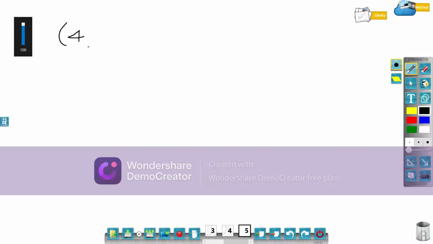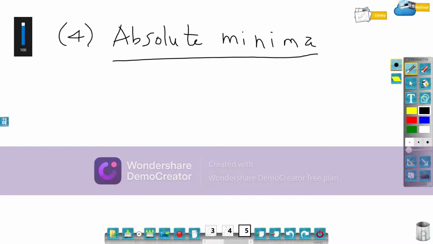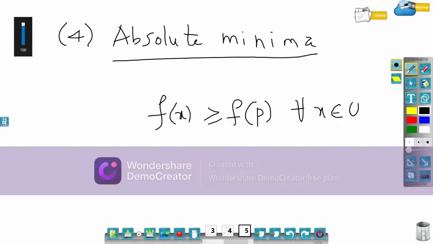Definition 4, absolute minima. I'm not rewriting the prerequisites: let f be a function from U, a subset of Rn, to R, differentiable at point p. That is assumed from the initial part of the definition. For absolute minima, your f of x must be greater than or equal to f at p for all x belonging to U, a subset of Rn. Here x is x1, x2, ..., xn, and p is p1, p2, ..., pn.